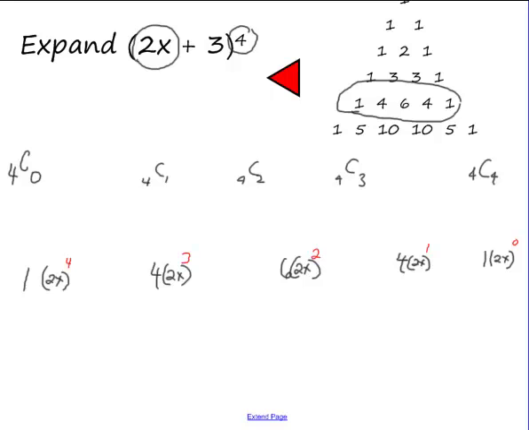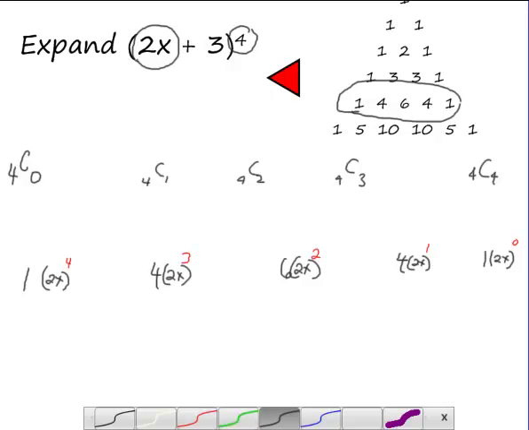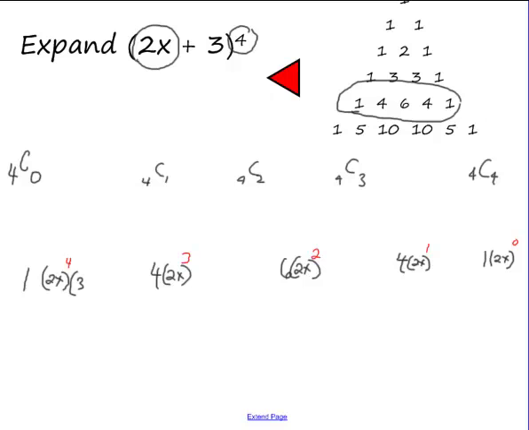Now I'm going to put in my y's. My y here is just the number 3. And y's go backwards.